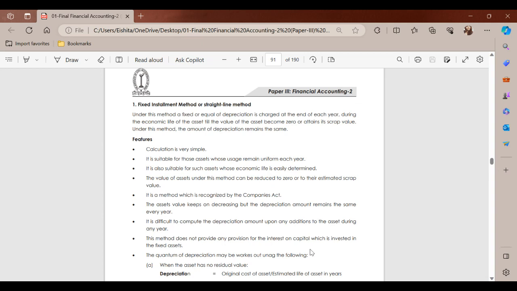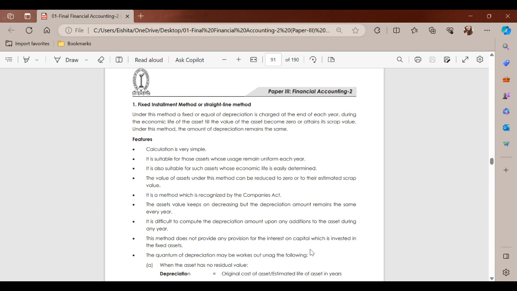Suppose the machine value is 1 lakh or 10 lakh, the depreciation is 1 lakh or 10 lakh, but it is not including the interest which I am bearing. If I would have invested this lakh of rupees in some other purpose, I would have earned the interest. So this is not earning the interest.